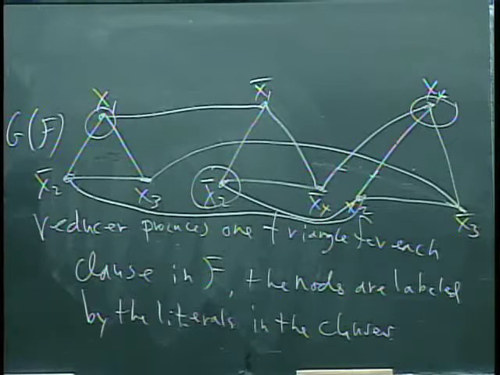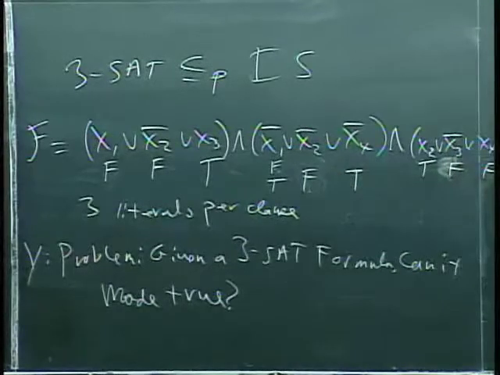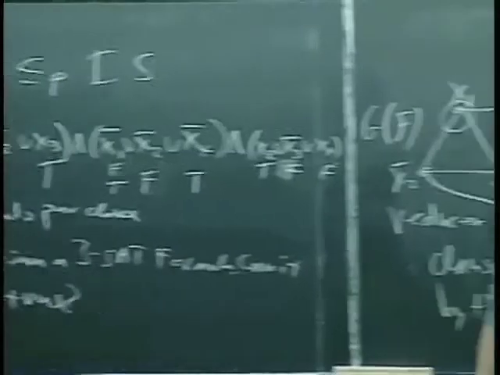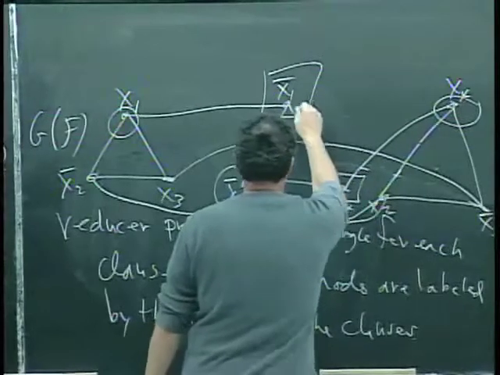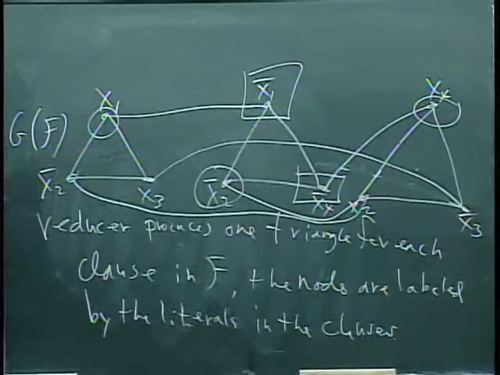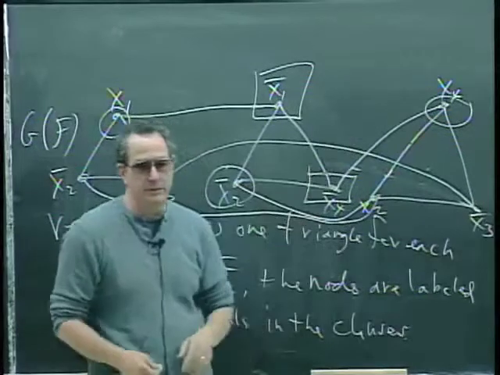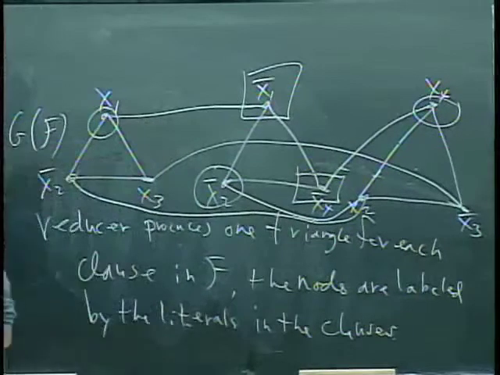For everything that was true, circle the corresponding node, and then if you had too many in a clause, let's say we had x4 bar and x1 bar circled, now you have too many, just erase one. You still have one per clause. And you're never going to have complementary variables that are both selected.